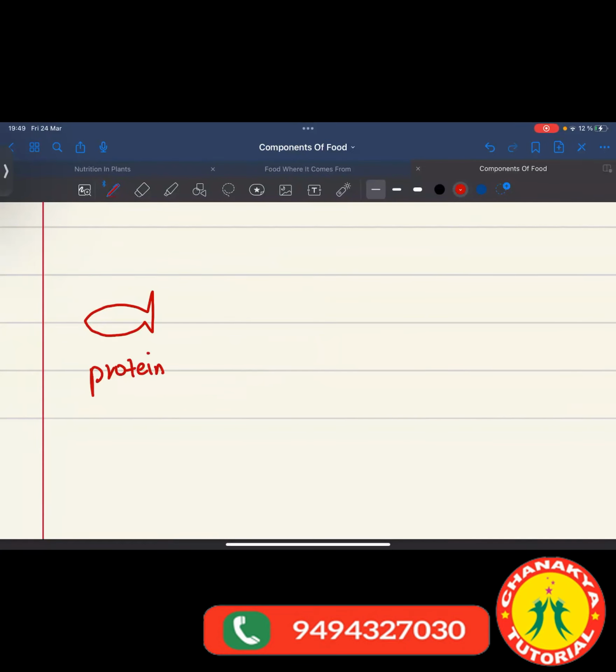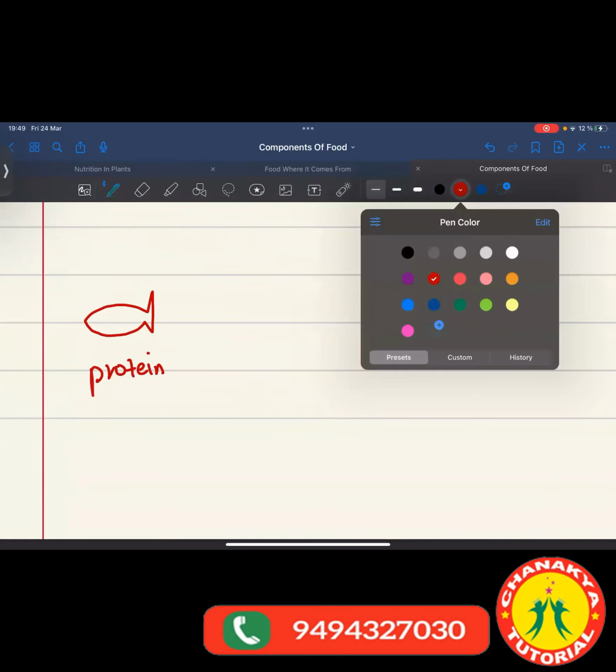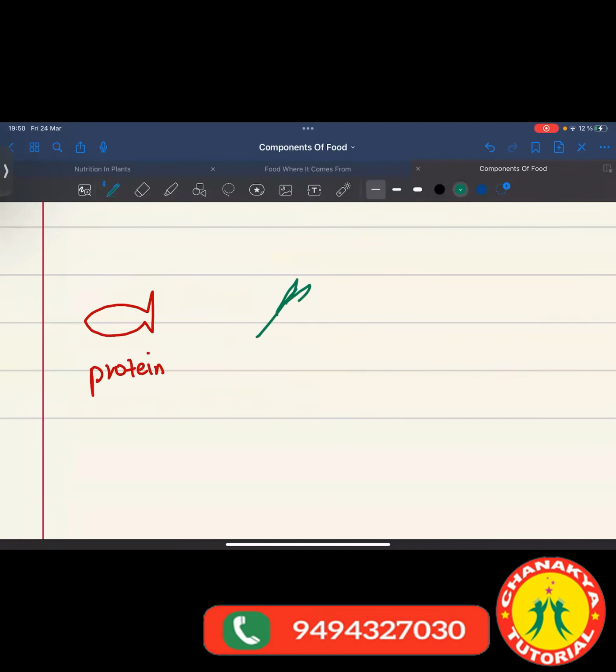Now here I have the green leafy vegetable, spinach. Now this is rich in what? Which component among the 5 important components? Vitamins. Very good.